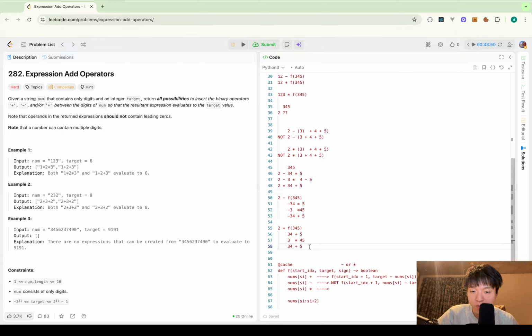Okay, so yeah, multiplication is kind of a tough one.